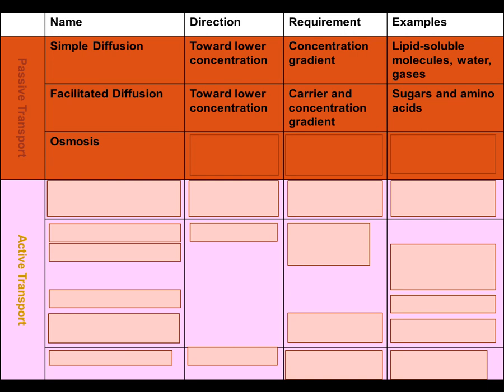Sodium has a gradient. It can't reach its own what? Equilibrium. And so water says, let me help you out, and it tries to dilute out more concentrated areas of solute.